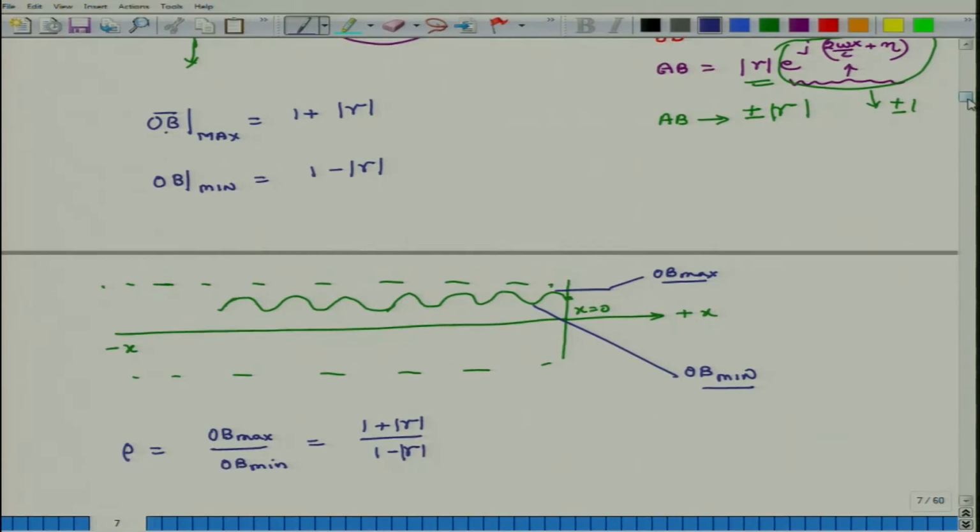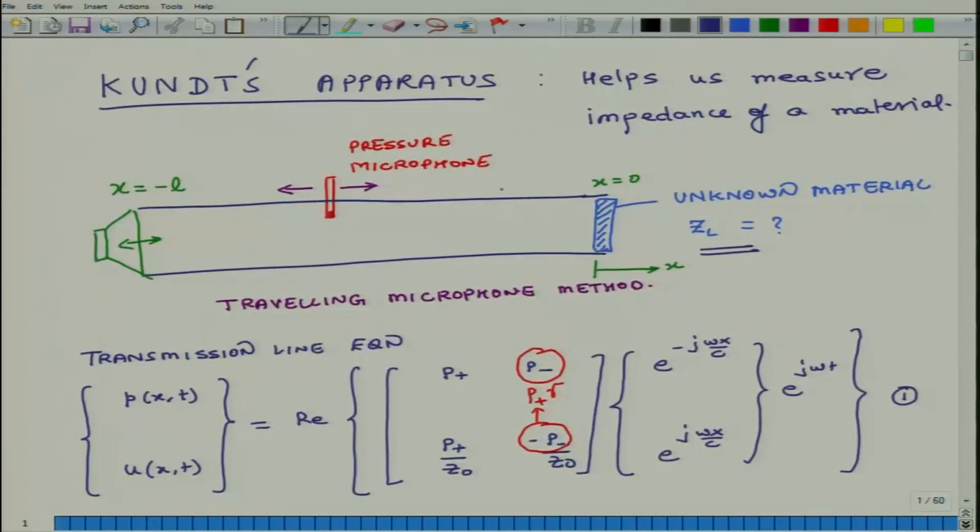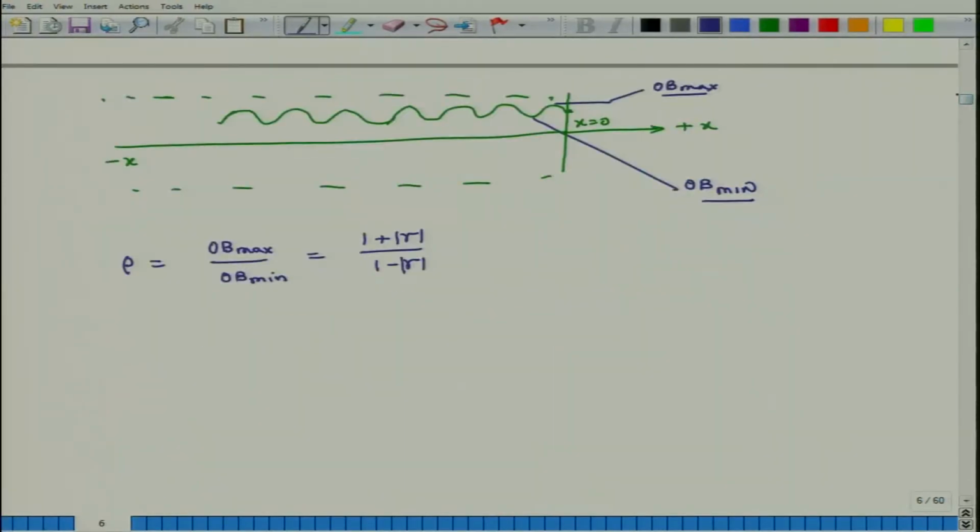I go back to my Kundt's tube and I use this microphone, I start sliding it from this location in this direction, and wherever I find the pressure to be maximum, that will be proportional to OB max, and wherever I find pressure to be minimum, that will be proportional to OB min. Okay. So, using the microphone, I can find out this ratio OB max and OB min. This ratio is called standing wave ratio.